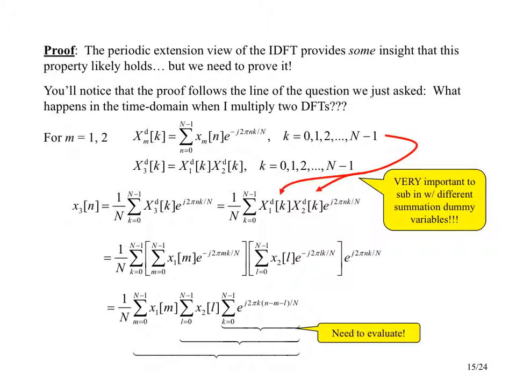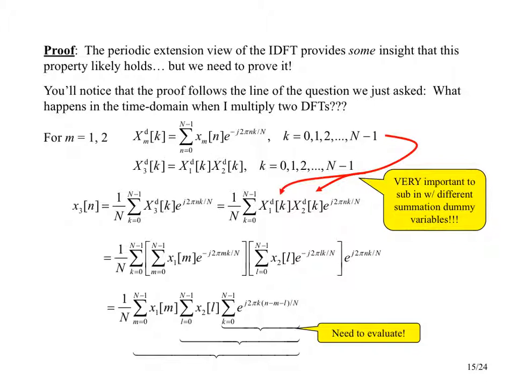And what they found by going through steps similar to what we'll go through here is that, well, not quite. It gives this other thing, and they interpreted it as a circular version of convolution, and so that's what they named it. So we're going to prove this here by starting with that basic line of questioning.